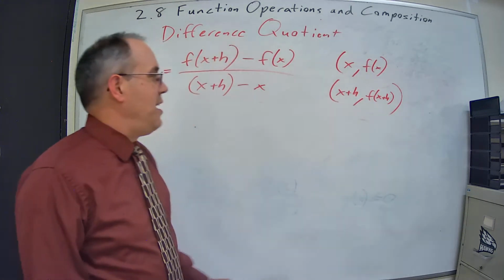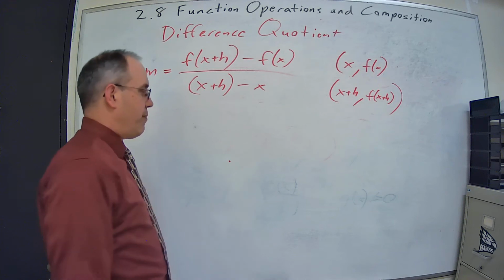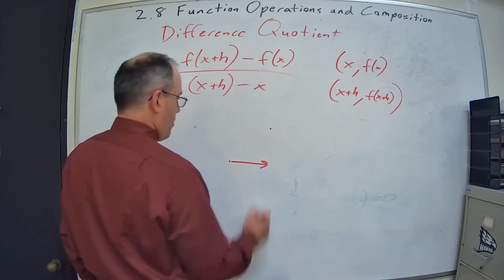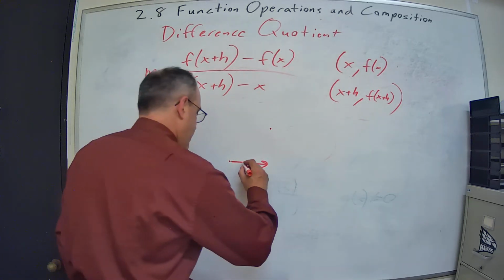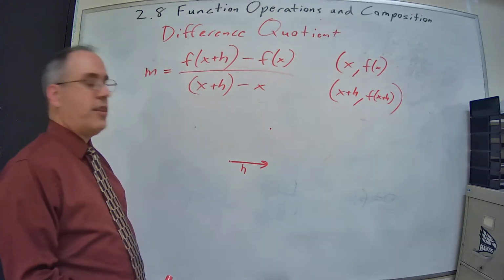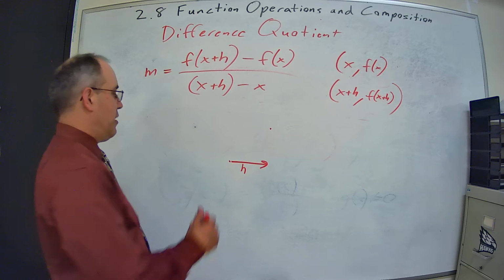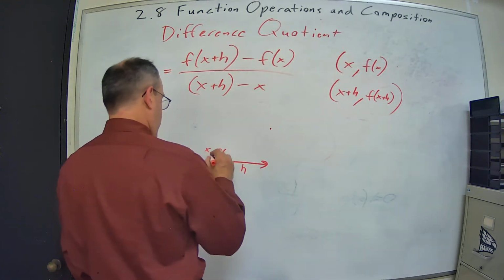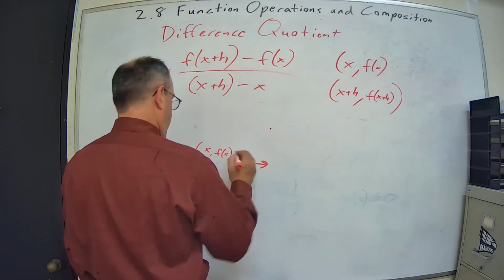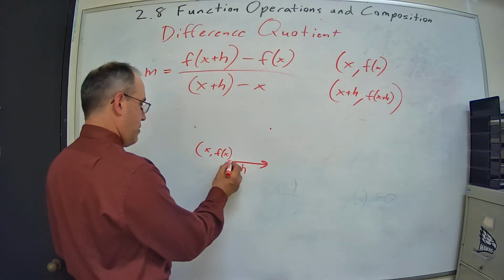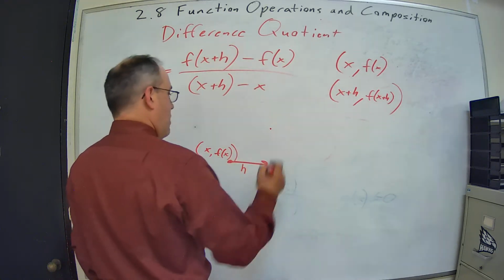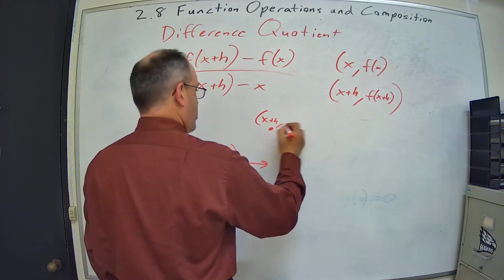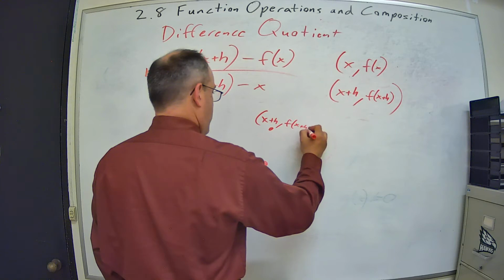So it's just saying if we have a point here, and we have another point here, and that distance horizontally between them is h, then this is x, f of x, that point, and this point is going to be x plus h, f of x plus h.